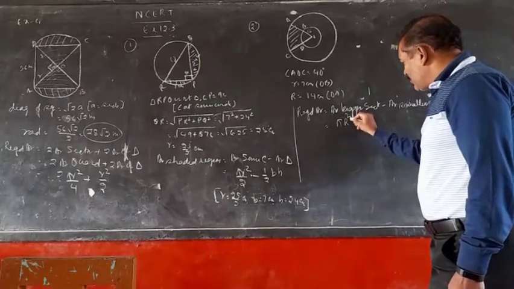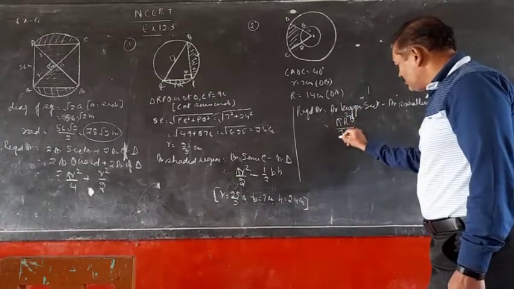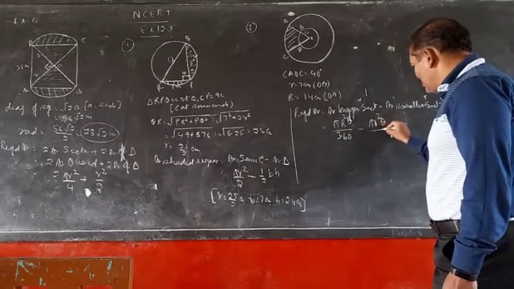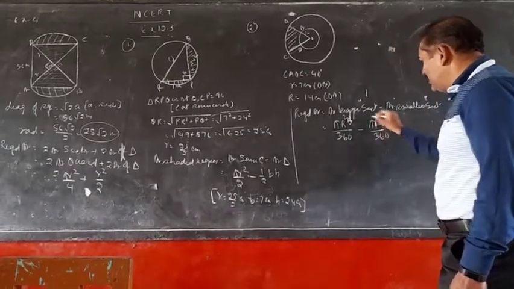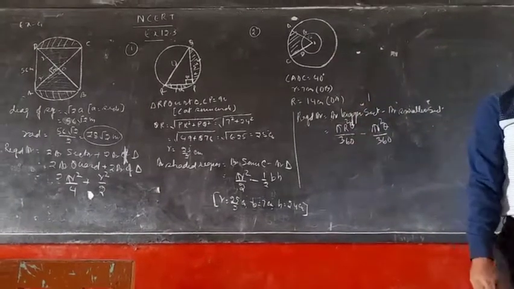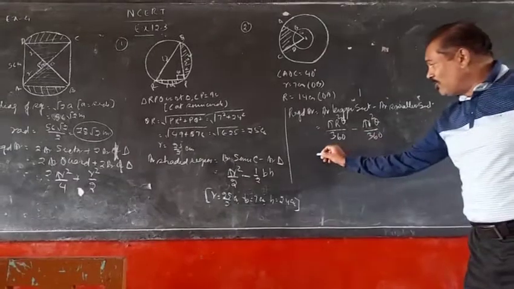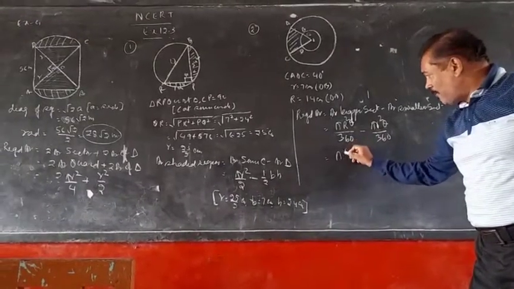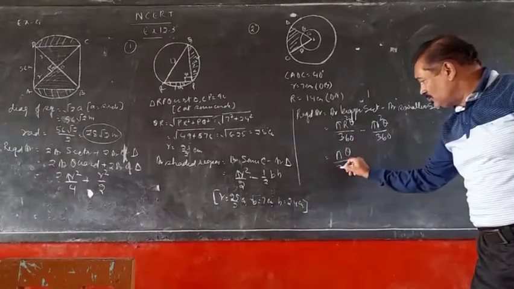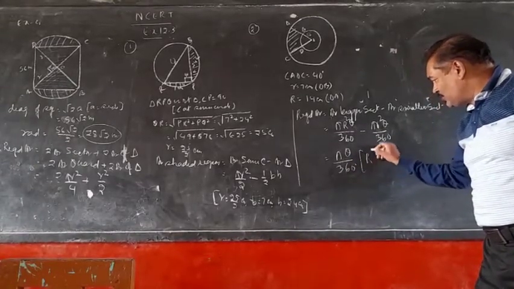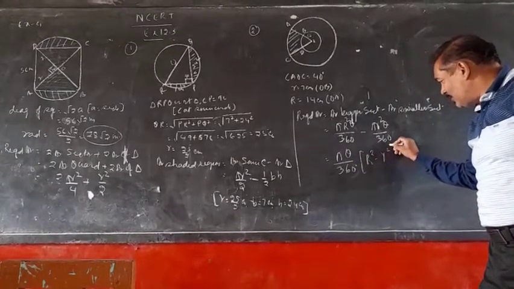Pi r square theta upon 360 minus pi r square theta upon 360. Why? Theta is common because it is a concentric circle. So what can we take common from both of these? We can take pi theta upon 360 degree, and that is equal to R square minus r square.